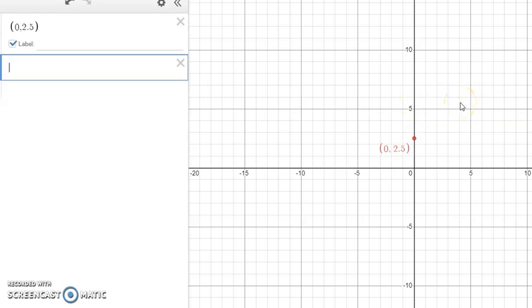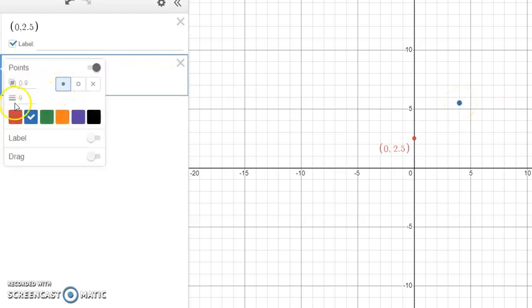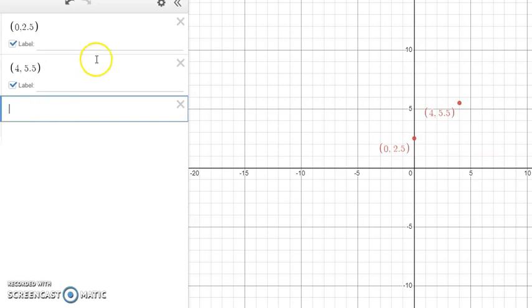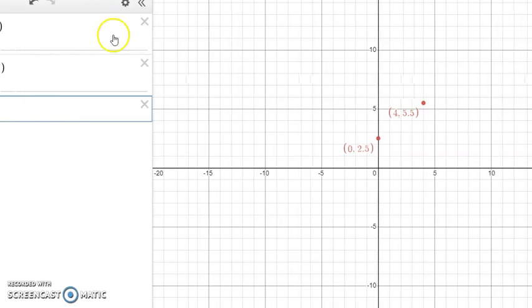So our point is going to be 4 and 5.5. And there it is. And I'll make it the same color red, and I'll label it. And then we're going to draw our line through, right?